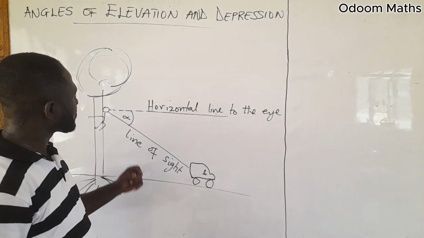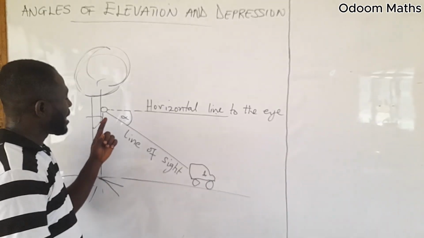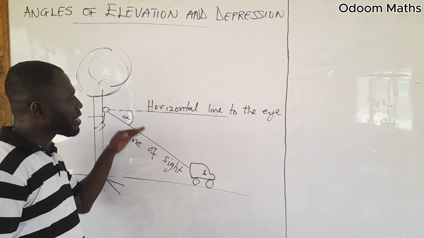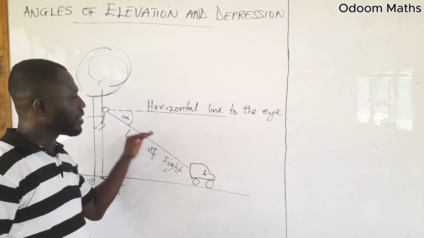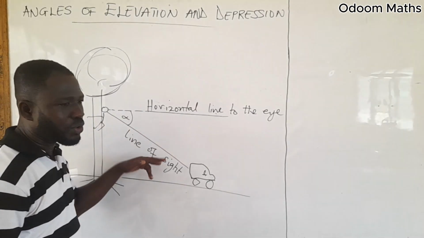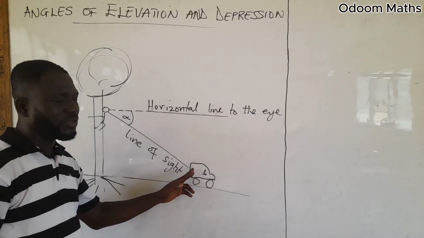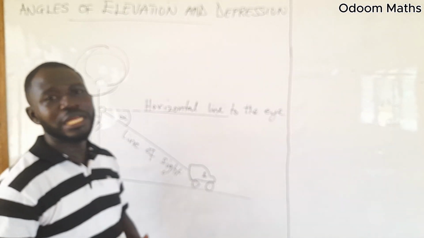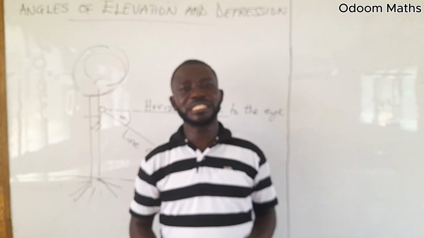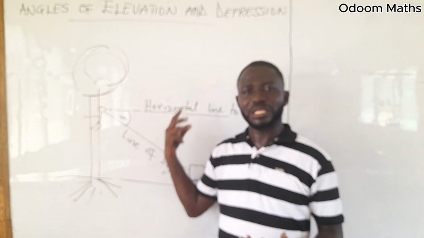I said the angle of depression should be below the horizontal line to the eye. So the reference is still on the horizontal line. If it's below, that is angle of depression. If it's above, that is angle of elevation. So let's look at some examples and see how we can solve questions on this.